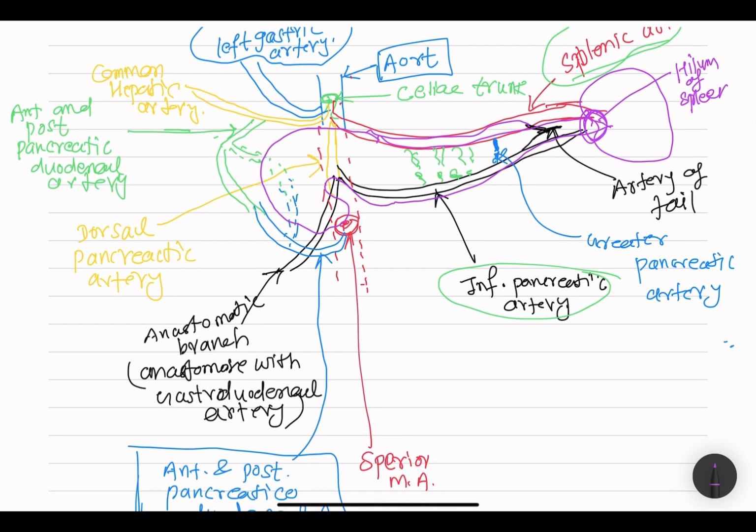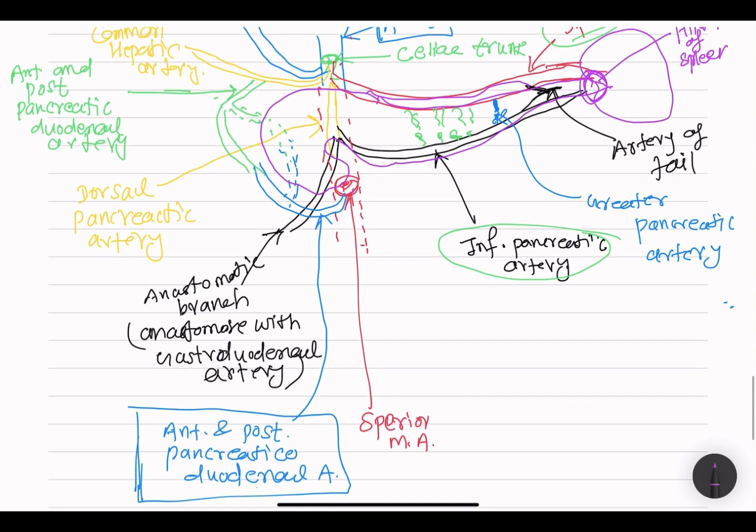And I told you, this one from the superior mesenteric artery, these branches supply the posterior and the anterior part of the head of the pancreas. So it's also important to know.